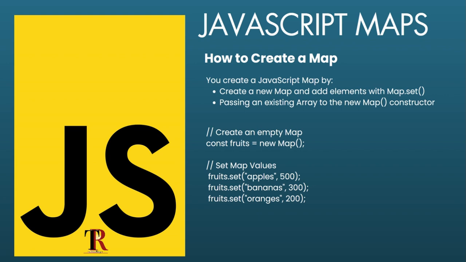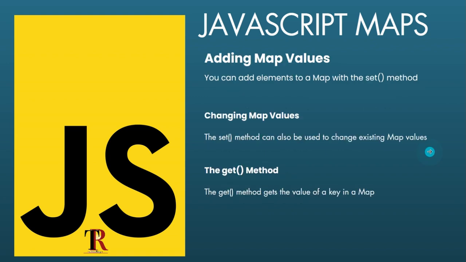So in JavaScript, when working with map, you have two ways to create a map object. And with that map object, you now have different methods and properties that you can use to work with the elements of that map and manipulate it to whatever it is that you are trying to do.